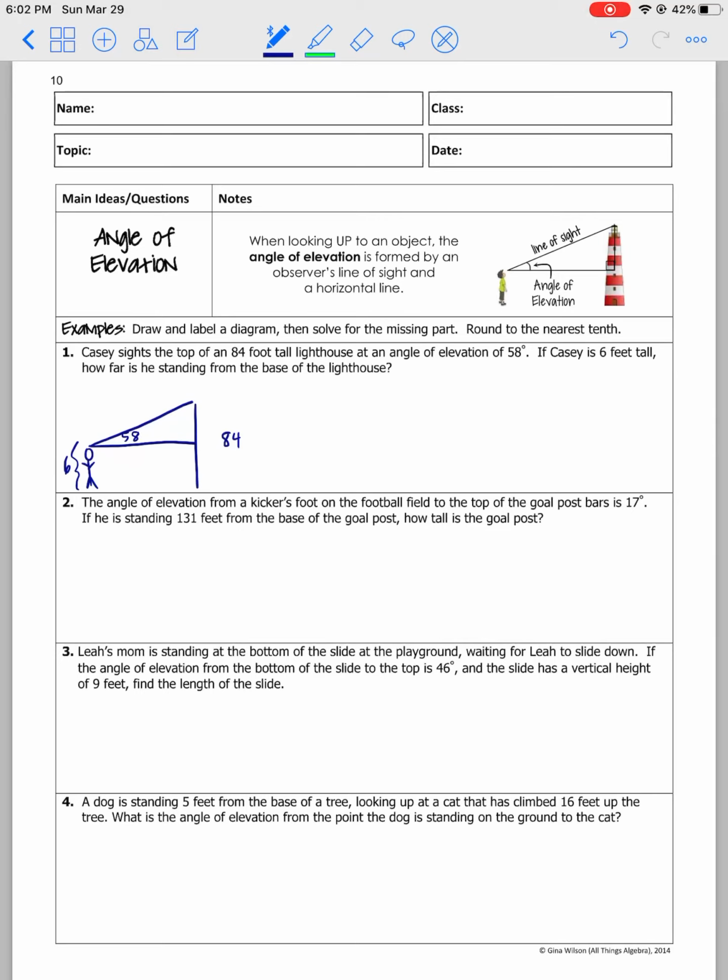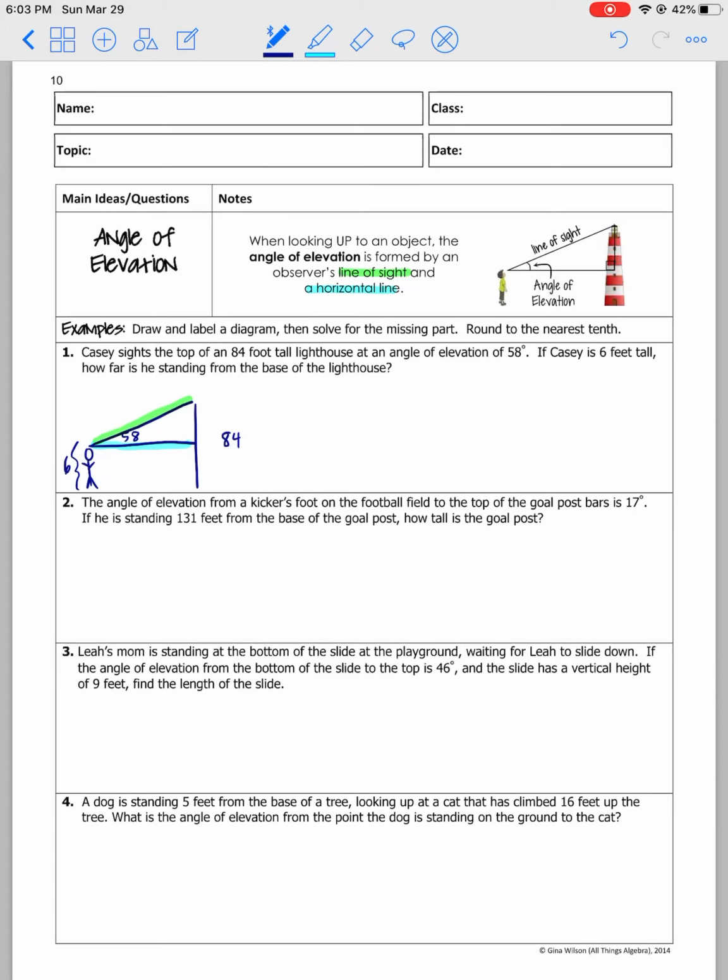Some of you might be wondering, why do we know that he's looking up and that angle is formed with a horizontal line? Again, the definition says observer's line of sight and a horizontal line. He is looking up at the top of the lighthouse, so that's where this line comes from. And actually, let's do this. Line of sight is green, horizontal line is blue.